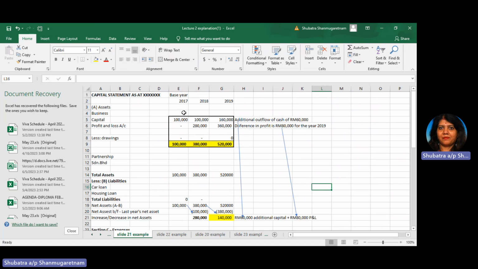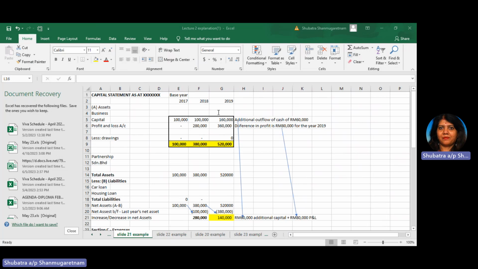In 2017, he started with 100,000. 2018, he had another 100,000, so in 2018, no additional outflow. In 2019, he increased it by 60,000, so there is an additional outflow of 60,000. So it is now reflected under assets. You will see a section known as business. That's where you put your information in.